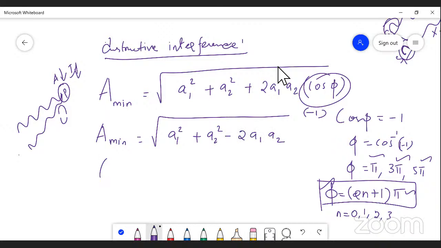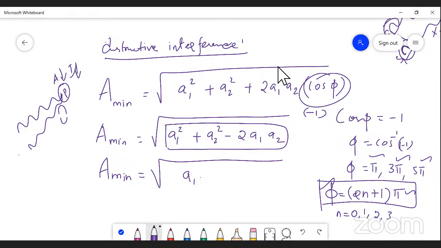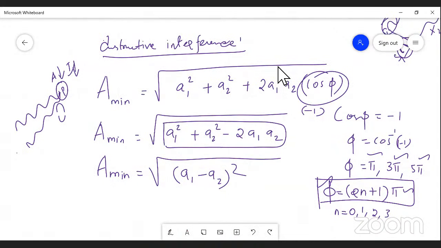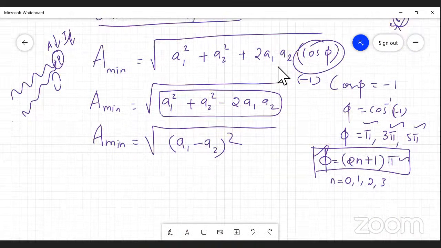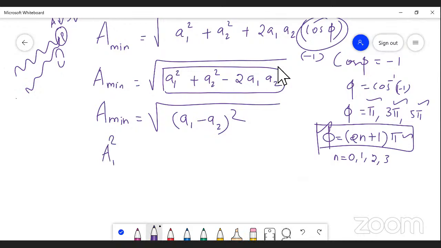So A minimum is equal to the square root of A1 square plus A2 square minus 2A1 A2. A square plus B square minus 2AB is A minus B whole square, so this is A1 minus A2 whole square. Squaring both sides, the root cancels, so A minimum square is A1 minus A2 whole square.